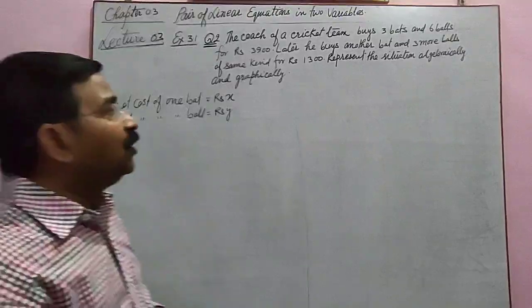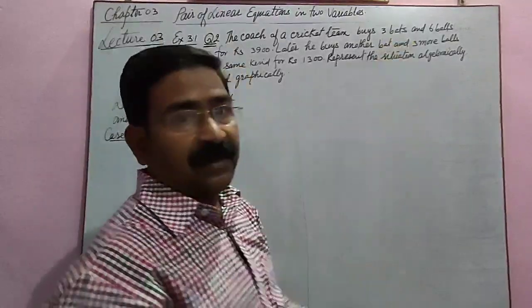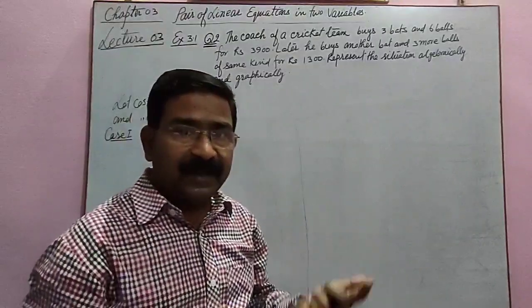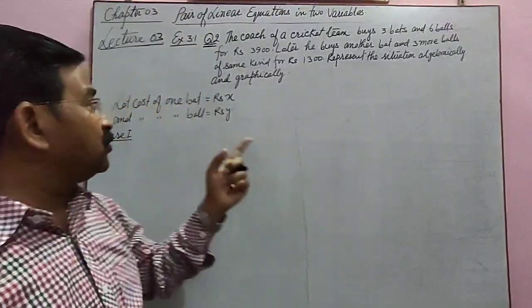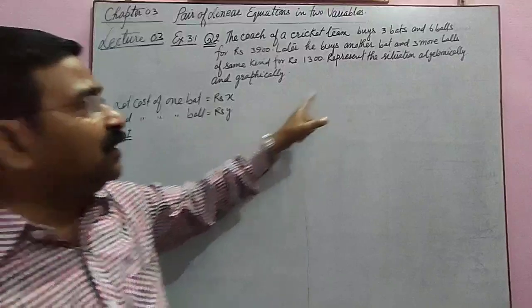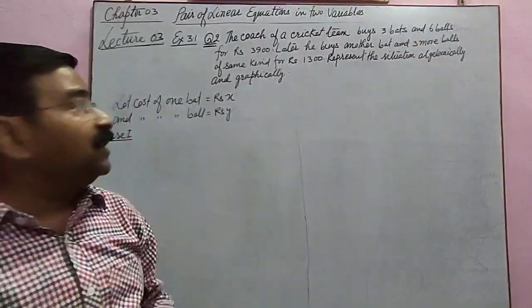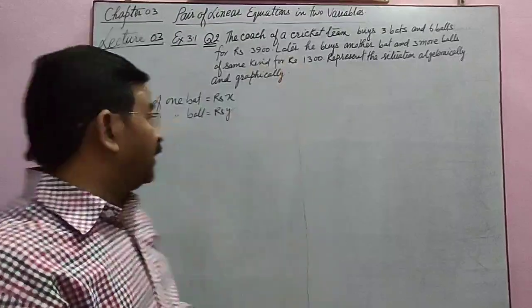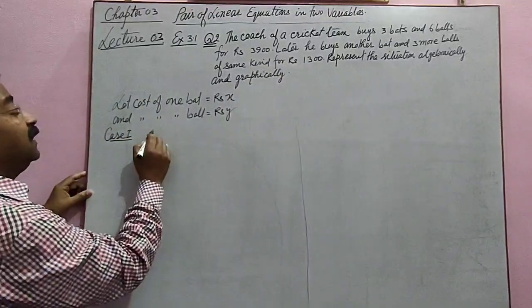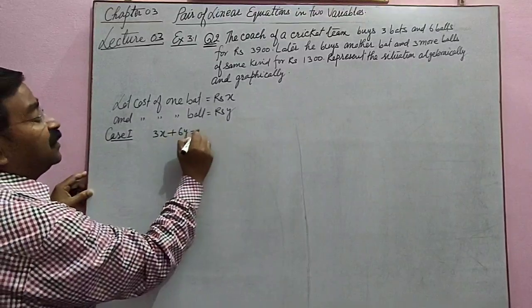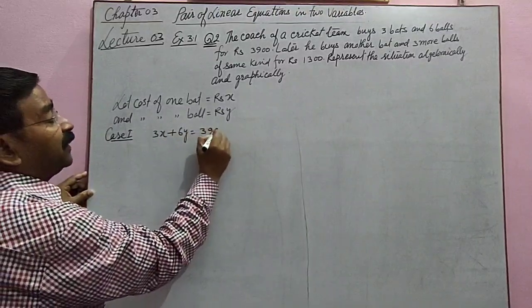In the first case, we are given 3 bats. Cost of 1 bat is X rupees. Then cost of 3 bats is 3X rupees. Cost of 1 ball is Y rupees. Then cost of 6 balls is 6Y rupees. Together it is 3,900. So see, this is 3X plus 6Y is equal to 3,900.